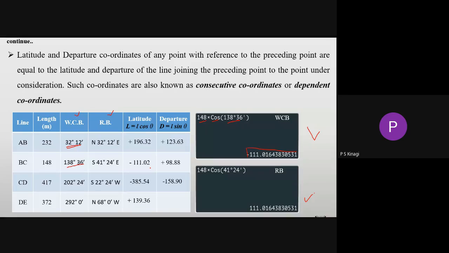Similarly, last plus 139.36, and last minus 329.39. Okay, these are the bearings and these are the line coordinates. Okay, this is about the latitude and departure.